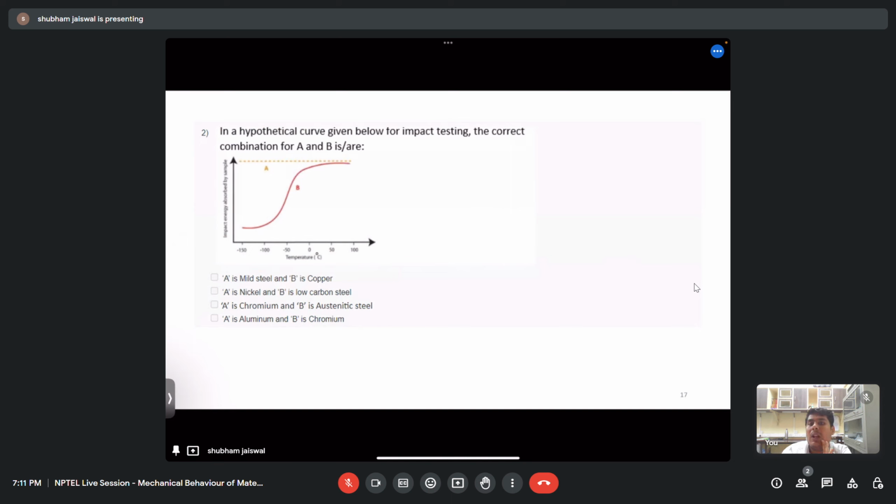So they are asking you to determine which curve belongs to which material. Please try to answer it, guys.